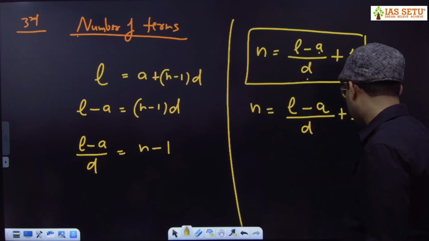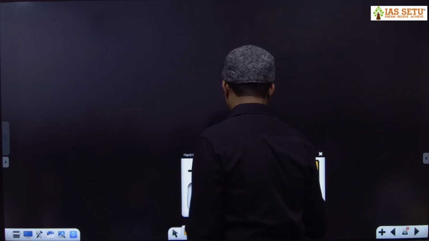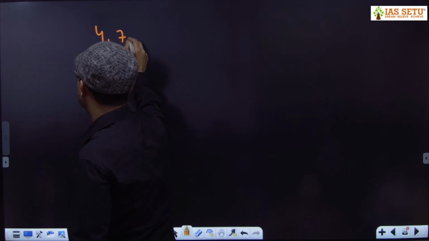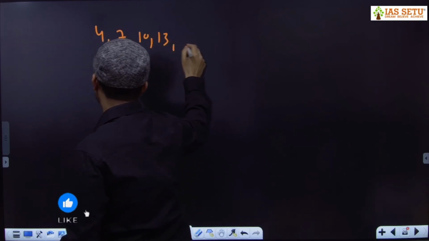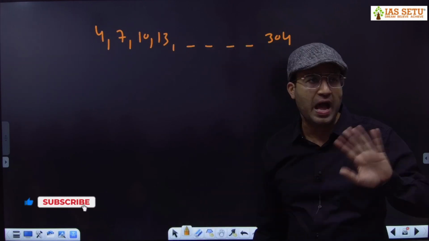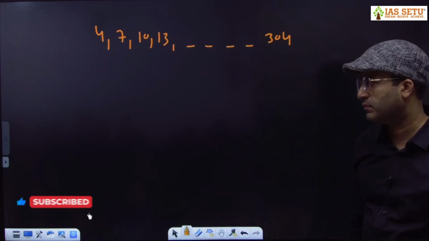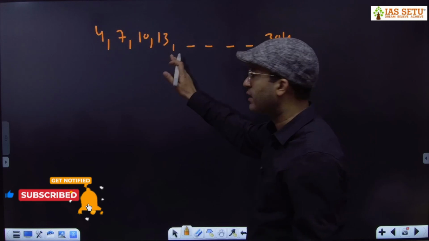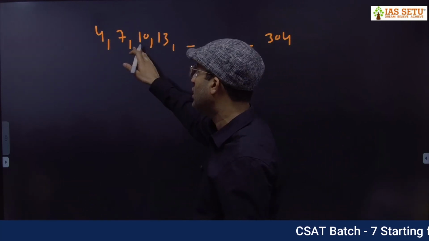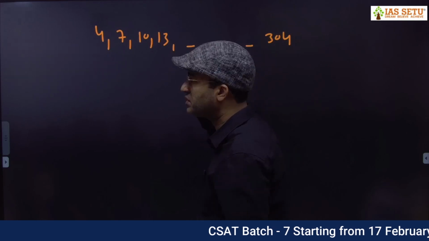Okay, like let us try some question. I solve one question for you. Like it is 4, 7, 10, 13, up to 304 is the last. Without last term, you can't find number of terms. So it is asked how many terms are there in this given AP, where first term is 4, second term is 7, and the last term is 304.